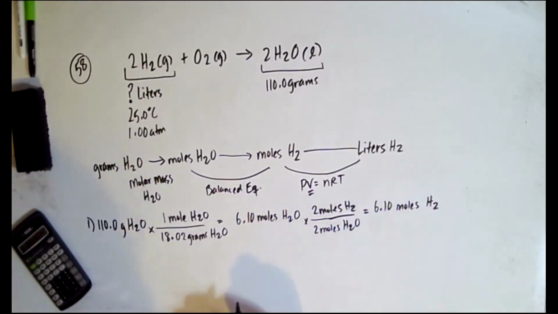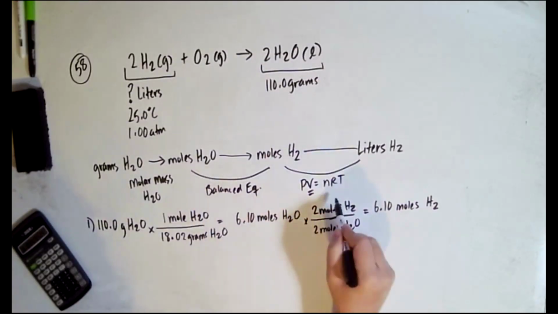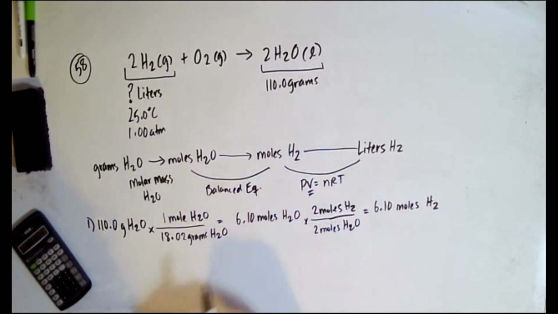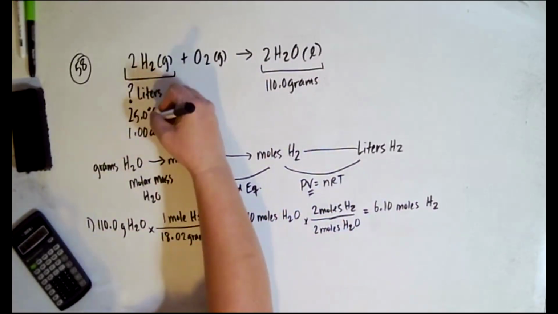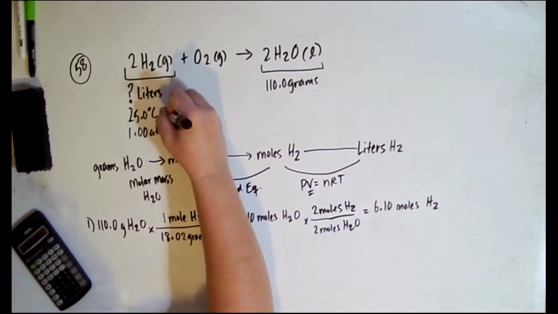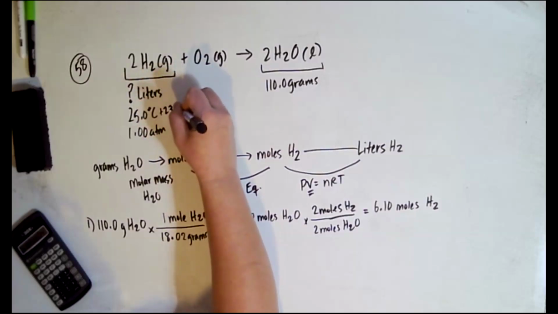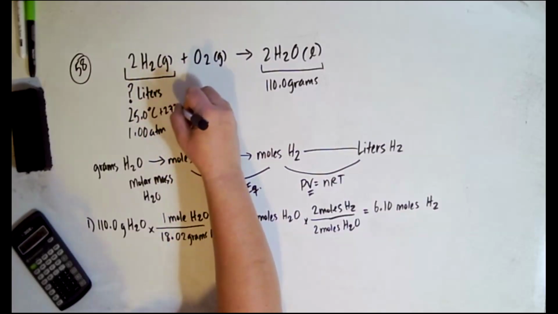Okay, now that we have the moles of hydrogen gas, we can use our PV equals nRT equation to solve it for volume. We just want to make sure that we have our temperature in terms of Kelvin.